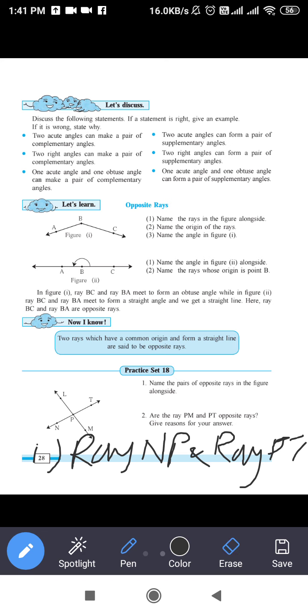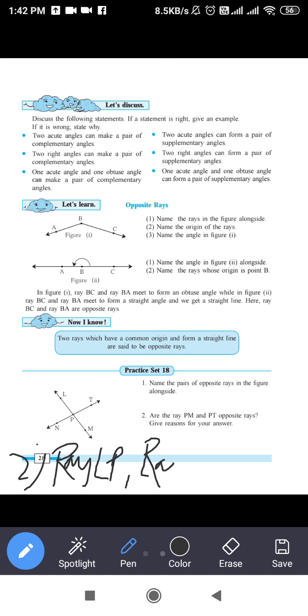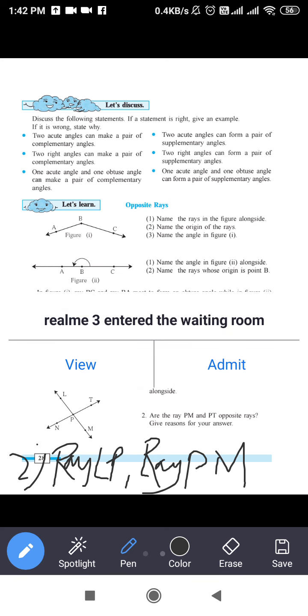Now the second one, you can see here ray LP and PM. They are forming a straight line and they have the same origin P. So in the second, what will you write? Ray LP and ray PM. Now we have completed the first question.